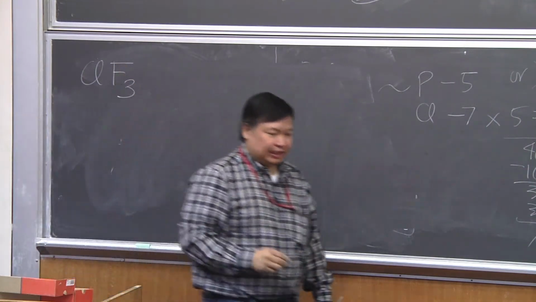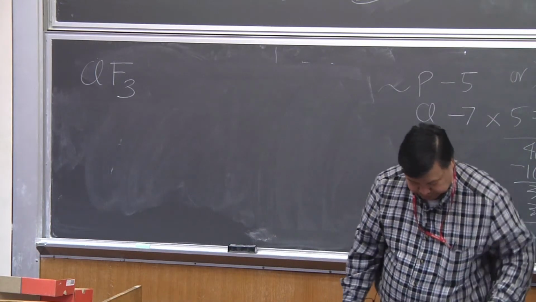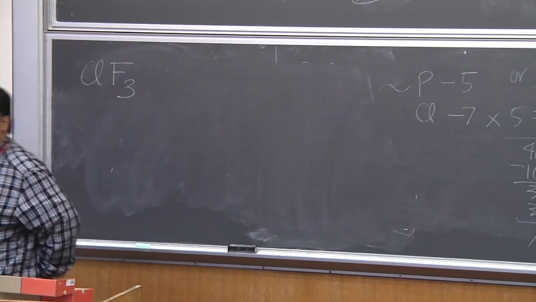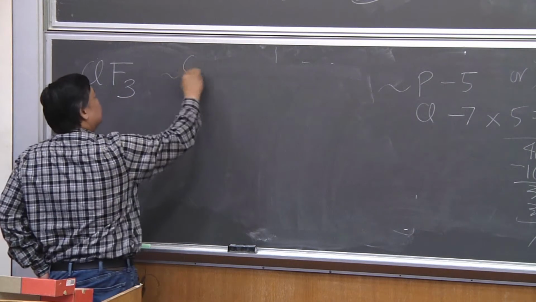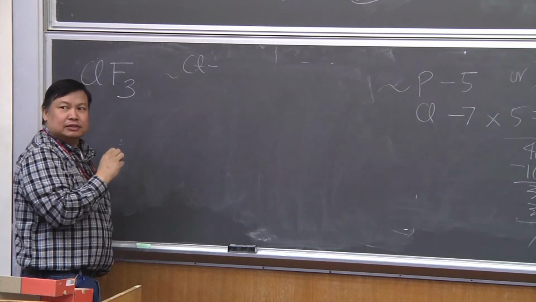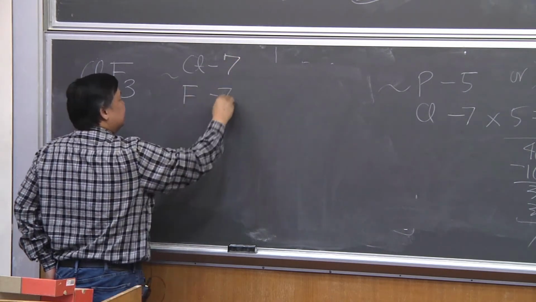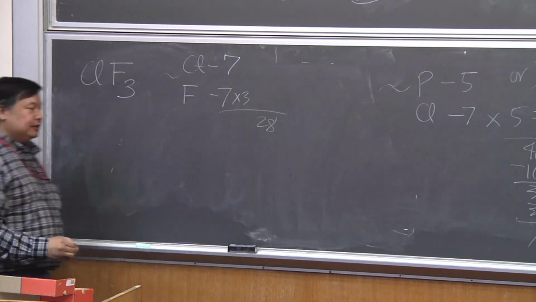Lewis structure for ClF3. Cl has how many valence electrons? 7. Fluorine? 7 times 3, for a total of 28.